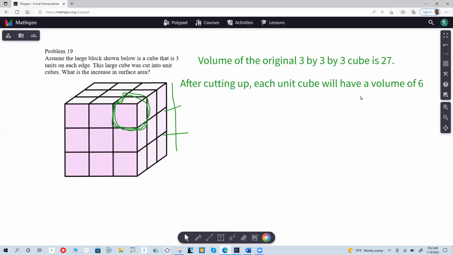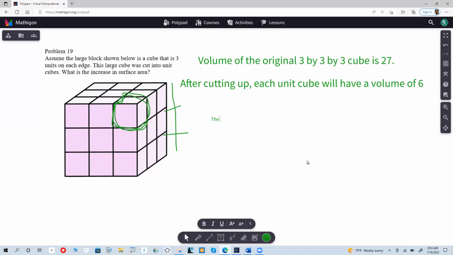Now, how many little pieces of unit cubes would you really have? You're going to have 27 unit cubes. This large cube has 27 unit cubes. When you cut it up into unit cubes, you're going to get 27 of them. So what will be the total surface area of those 27 cubes? Let's write it down nicely.